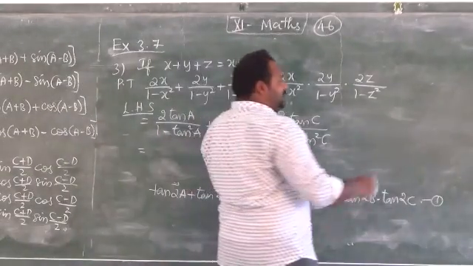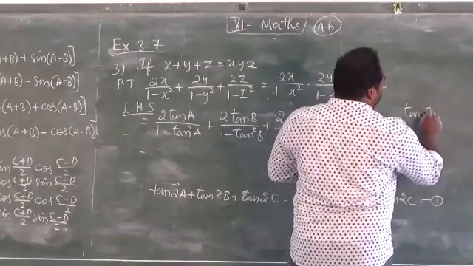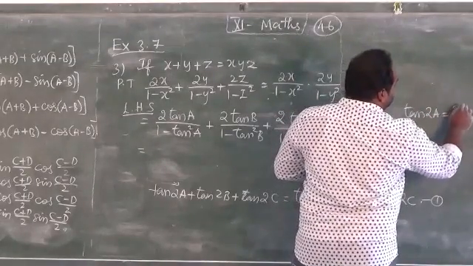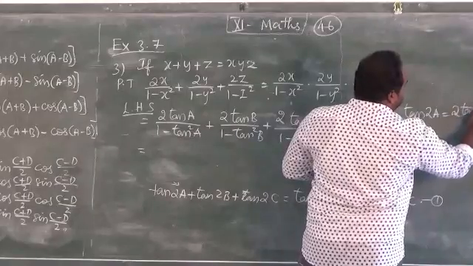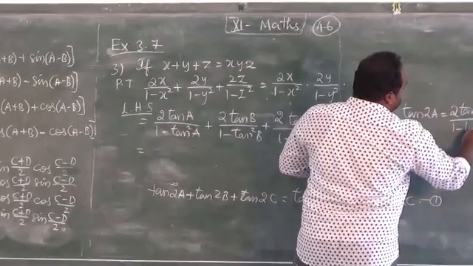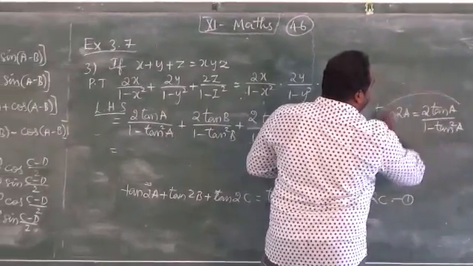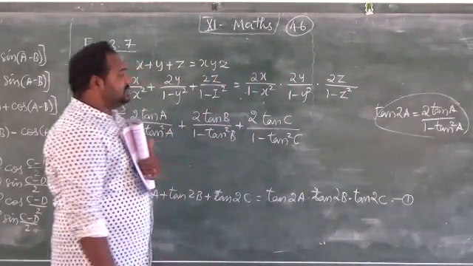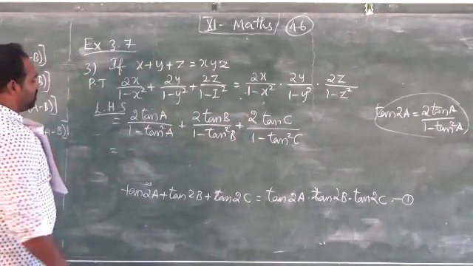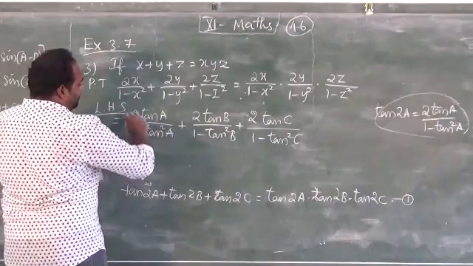The identity tan 2A is 2 tan A by 1 minus tan square A. We have already learned this identity, and I am going to use it because the form of the identity is here.